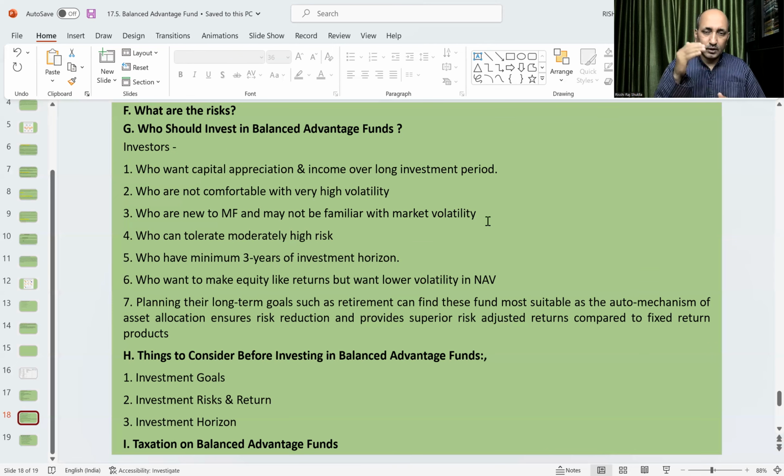Whenever it is sold after 1 year, more than 1 year, then it will be long-term capital gains and required to pay 10% of capital gains, provided it is more than 1 lakh. Up to 1 lakh, there is no capital gains tax, or we can say this is tax-free up to 1 lakh. So these are the things for balanced advantage fund.